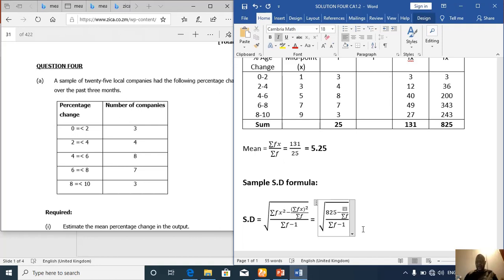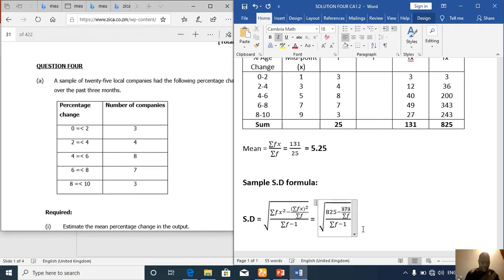So you get 131 multiplied by 131. So what will be the value of 131 multiplied by 131? Summation fx is 131. So get your calculator, do the 131 multiplied by 131. That's the 131 squared. That value is going to be 171.61.